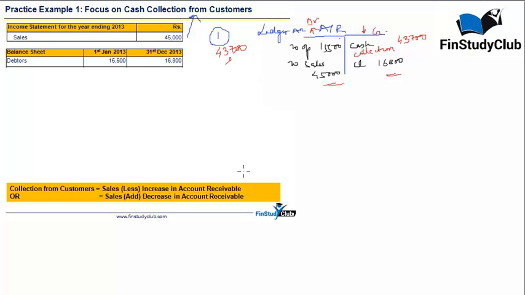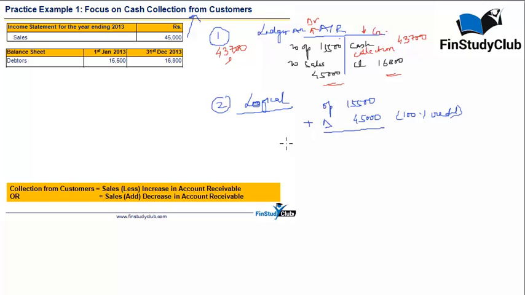Now let me explain the same thing by a very logical method, and this is for non-commerce people as such. I am basically trying to think that I already had to collect 15,500 from some people called debtors, and during the year I have sold goods worth rupees 45,000, assuming 100% on credit.